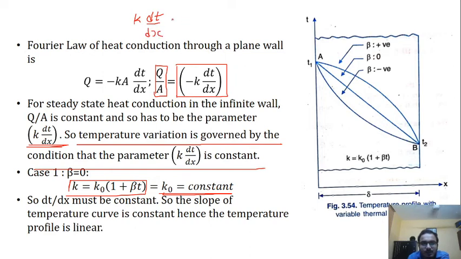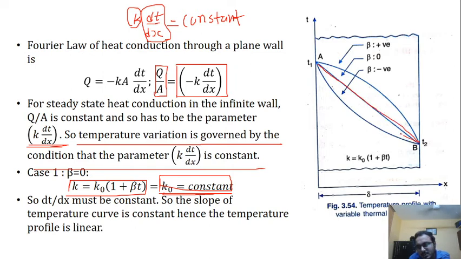So if K is already constant, then the remaining term dT by dx is also constant. That's why we are getting this profile, a line, because the slope is constant. dT by dx is the slope of this graph, which is constant. That's why it is a line.